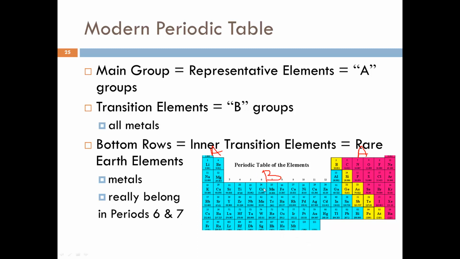The bottom row, the ones that stick out at the bottom, are called intertransition metals, or rare earth elements, which are once again metals, and they really belong right in here. So here's another picture of it. These are the rare earth metals down here.